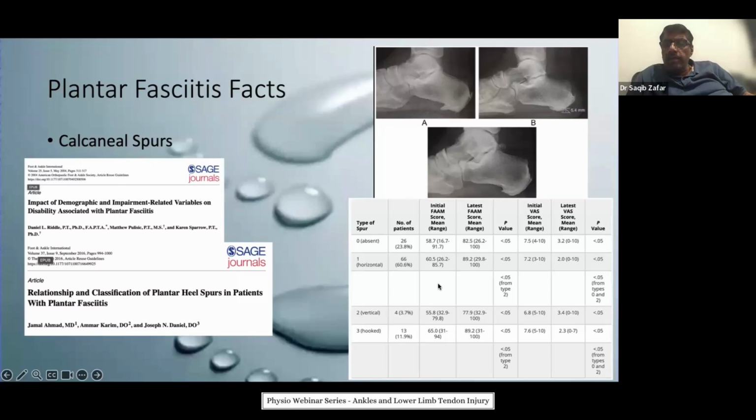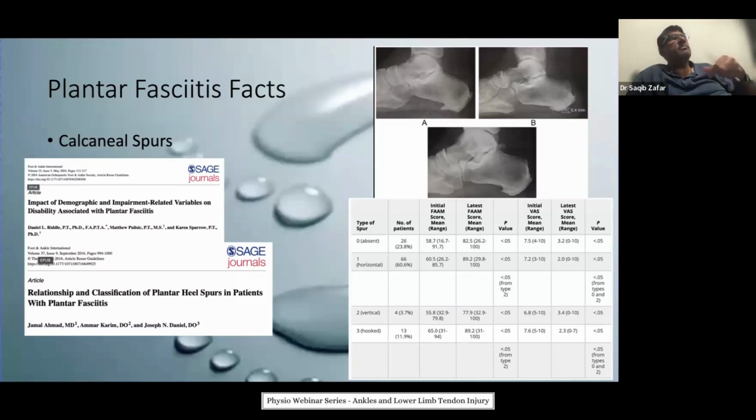But when you look at their pain score and their pre-intervention foot and ankle score, there was no significant difference. So whether the spur is present or not present, it is irrelevant in the management of these people.